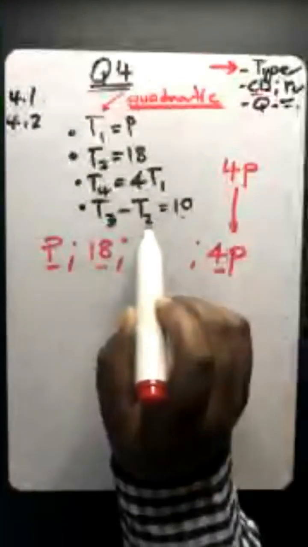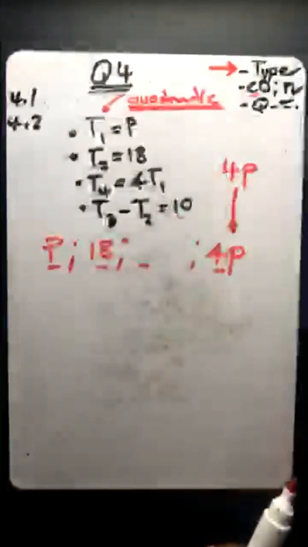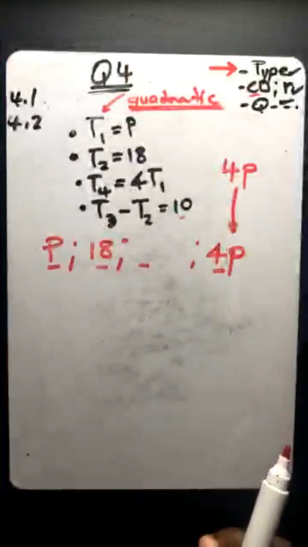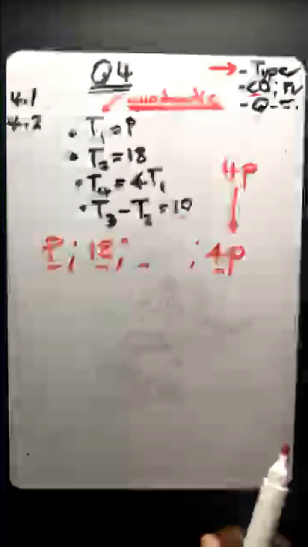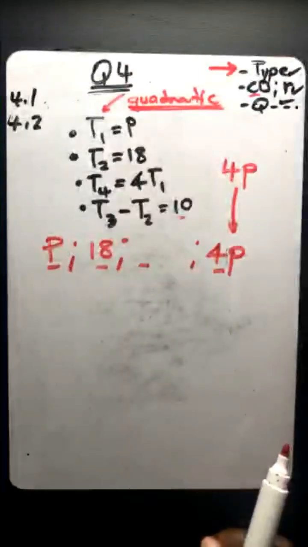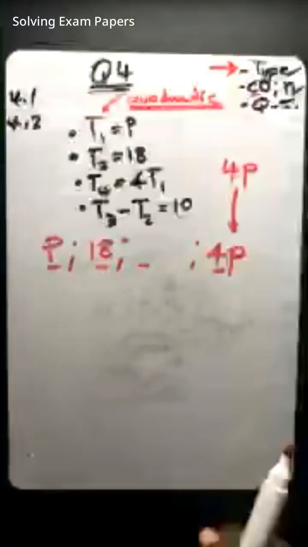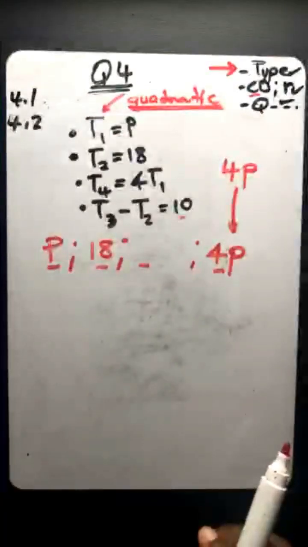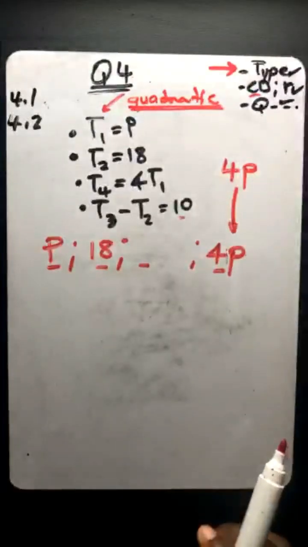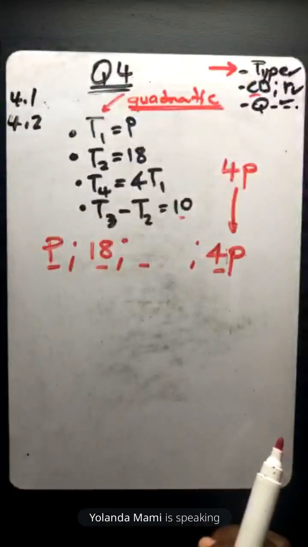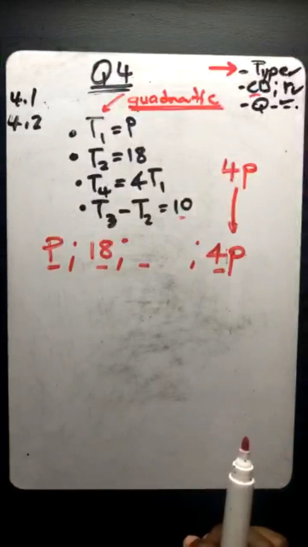Can we do something with that information which says term 3 minus term 2 is equal to 10? Yes, term 3 is 28.